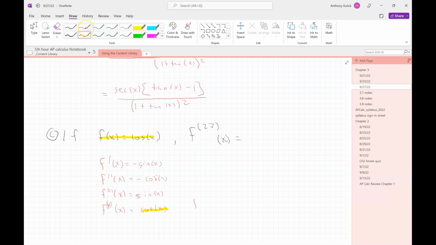So I know that the 8th derivative is also going to be cosine. The 16th also going to be cosine. The 20th also going to be cosine. The 24th also going to be cosine. So the 27th should be the same as the third derivative.